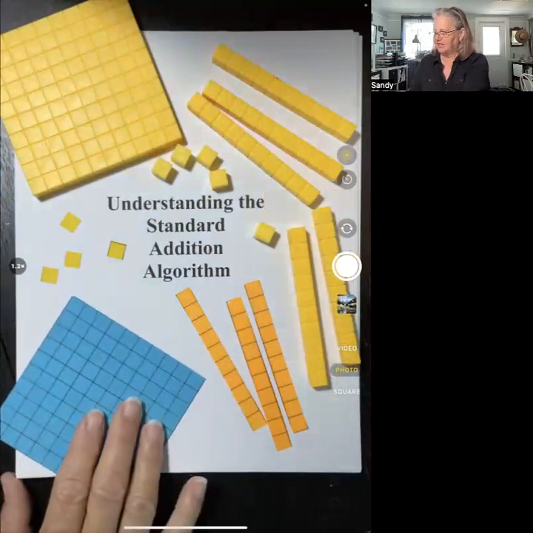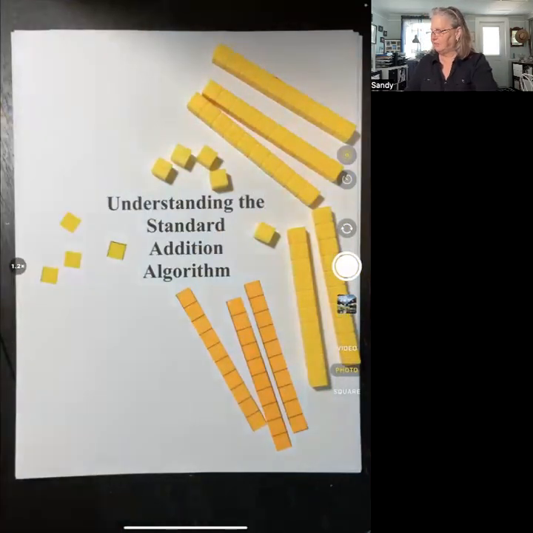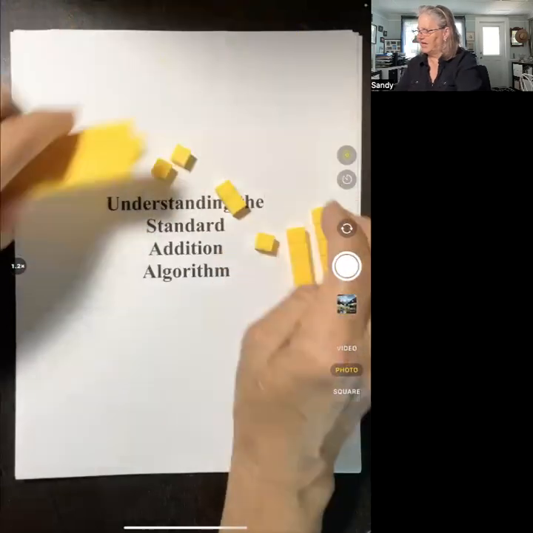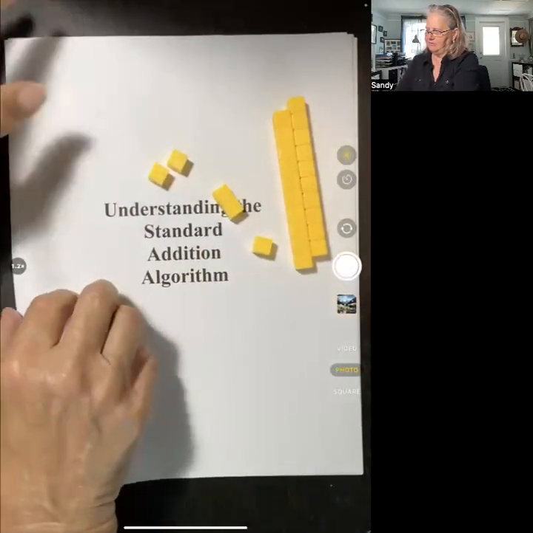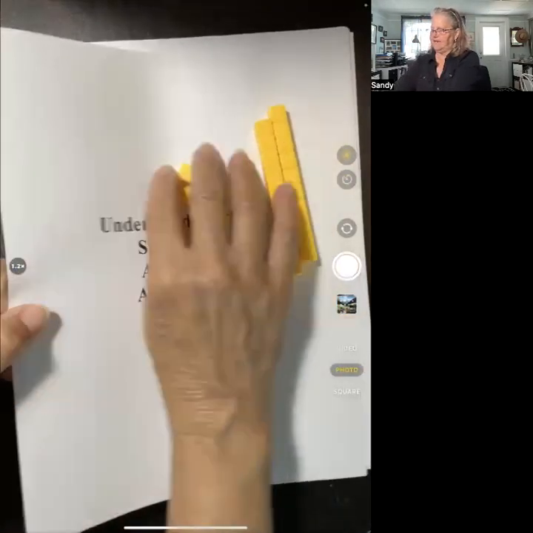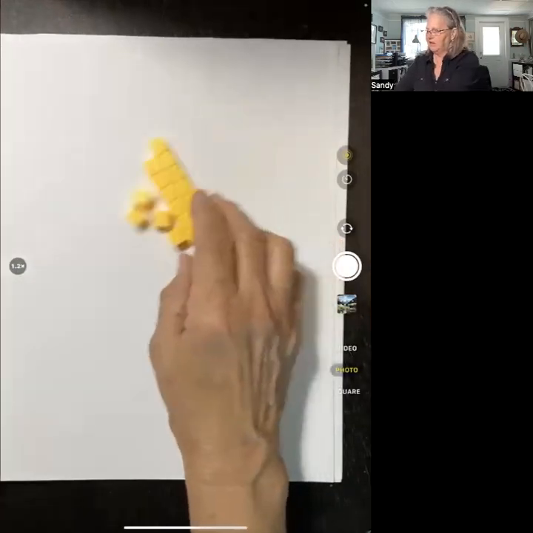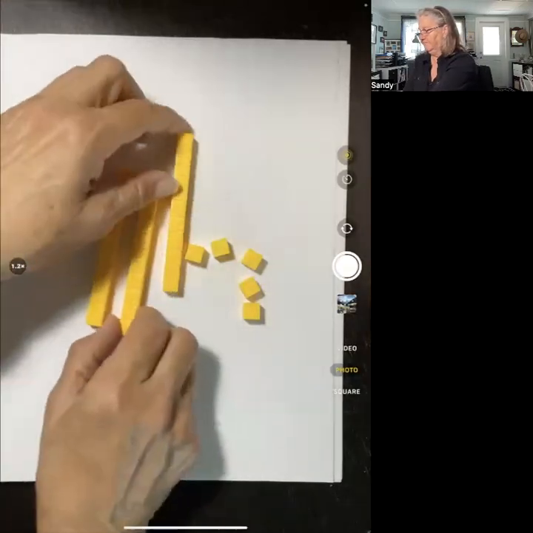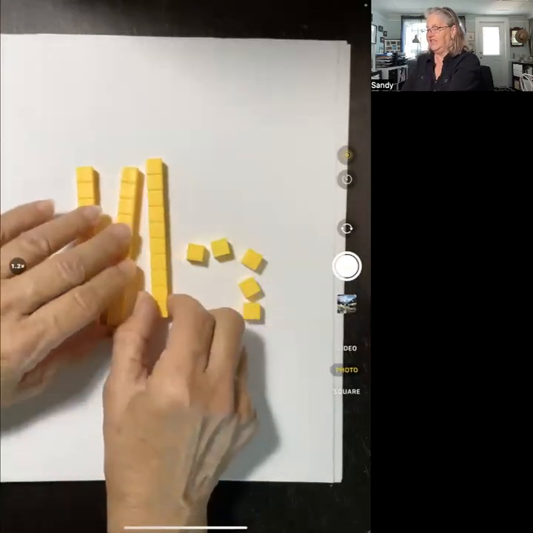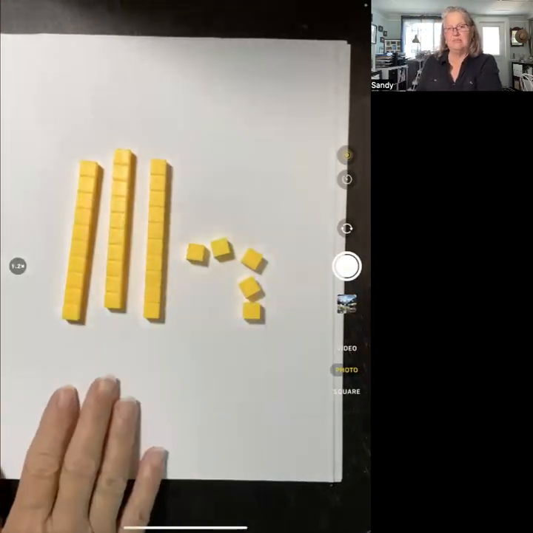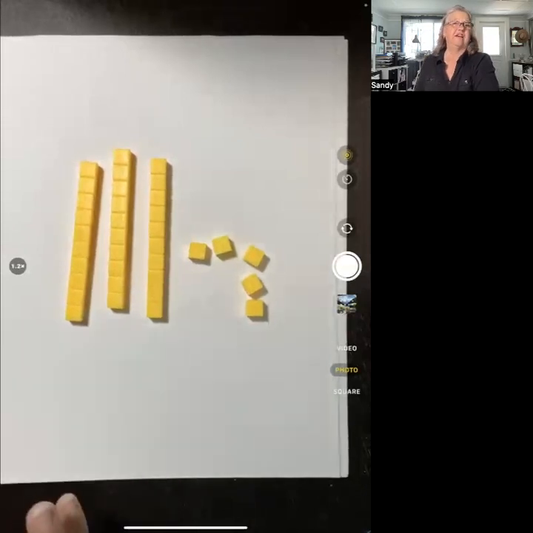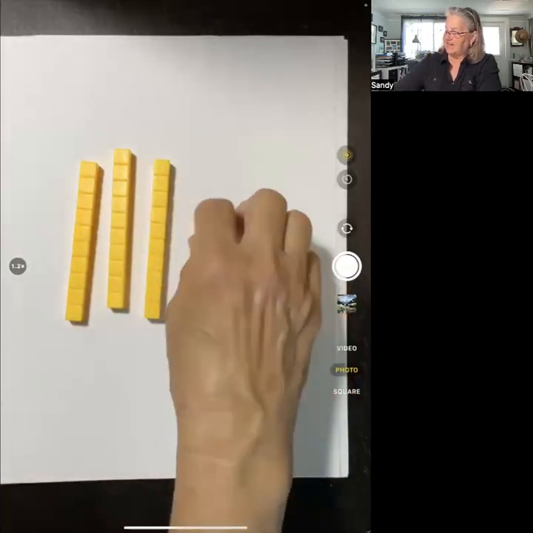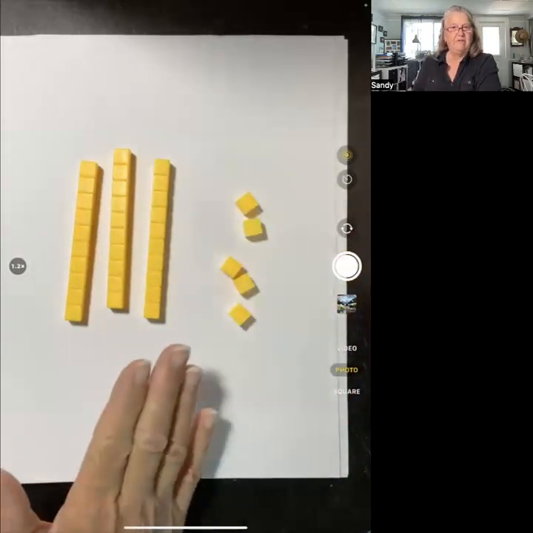Now, the reason for this, and we'll look at a couple of problems just to get us started. Think about a number like 35. A lot of times when we think of this number, we think of its place value, 3 in the tens place, so we need 3 tens, and 5 in the ones place, we need 5 ones.